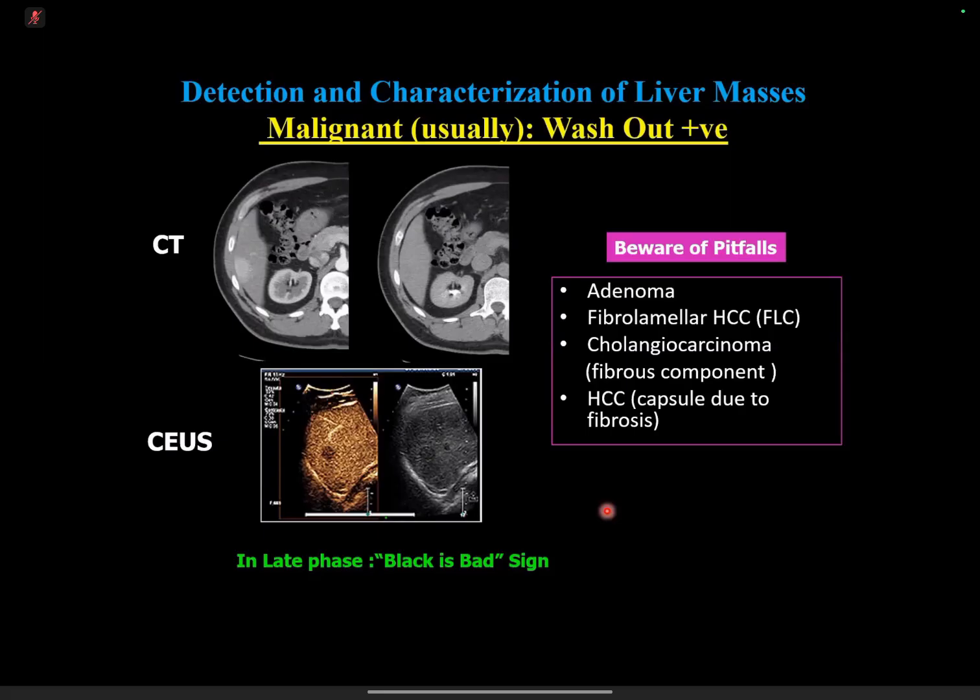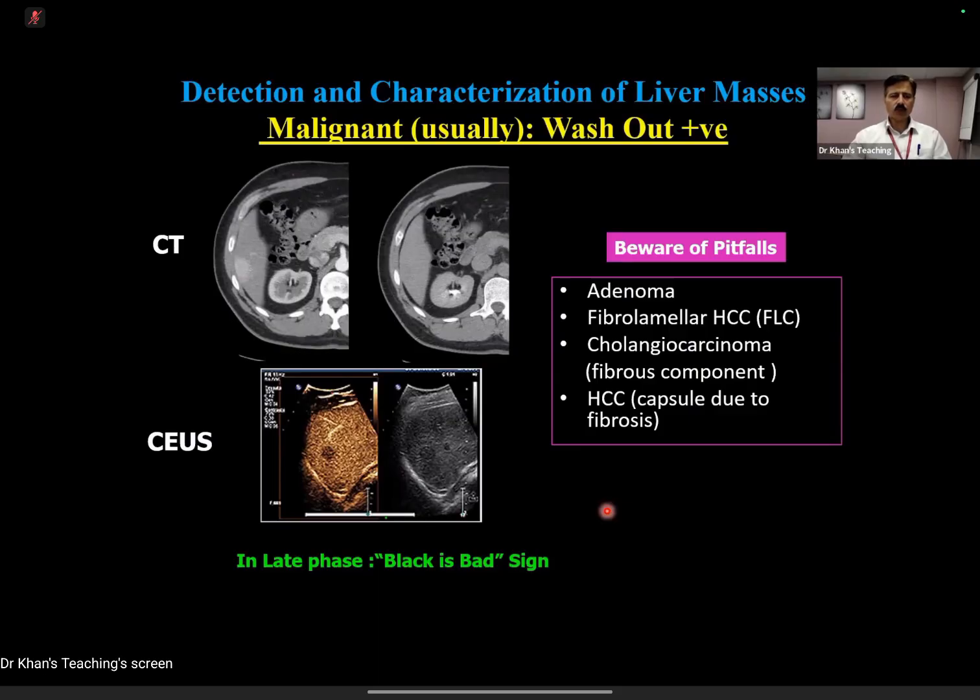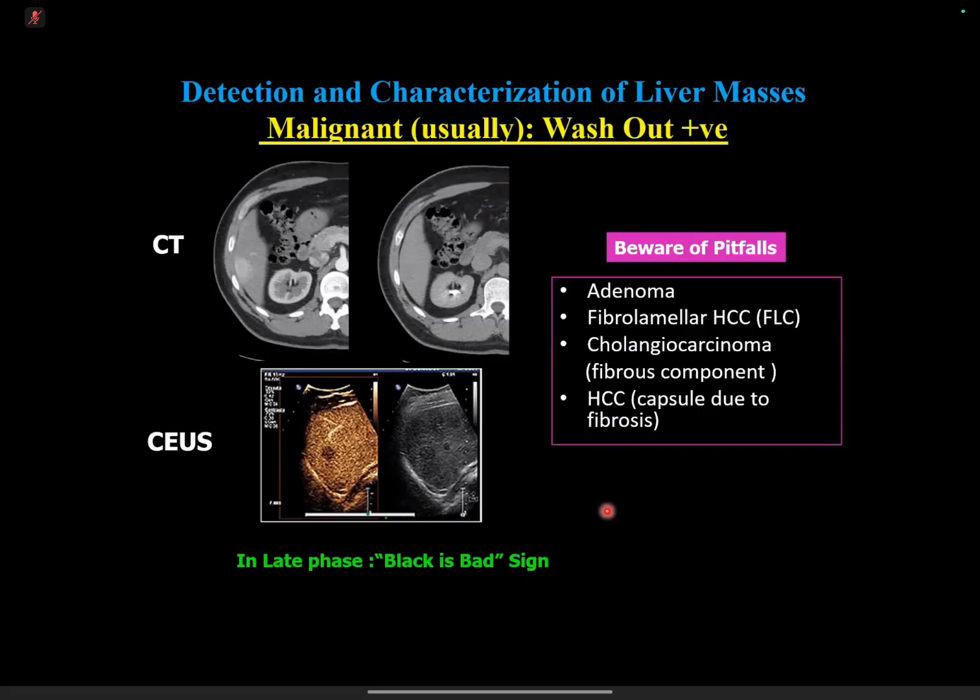Also malignant. Watch out. Sorry, I'll repeat my question because I might have confused you. Arterially enhancing lesion, if it shows washout on venous phase or equilibrium phase, is it benign or malignant? Malignant. Excellent. So this was the take-home point.